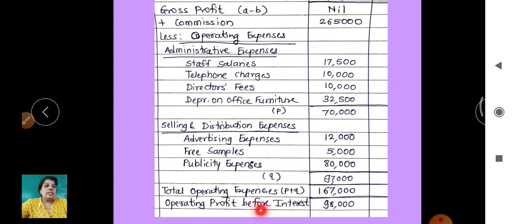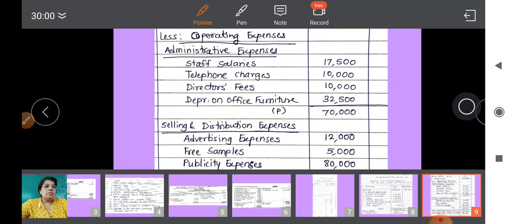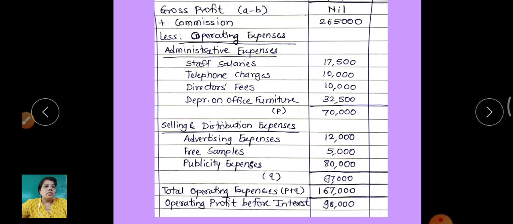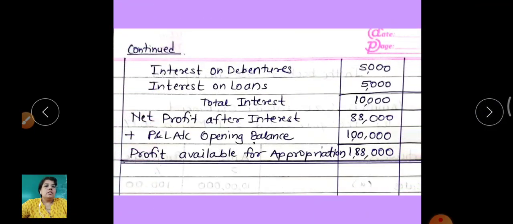As it suggests, this profit is before interest, so the next step is to deduct the interest. In this question there are two types of interest. Interest on debentures paid is given 5,000 and interest on loans is given 5,000.